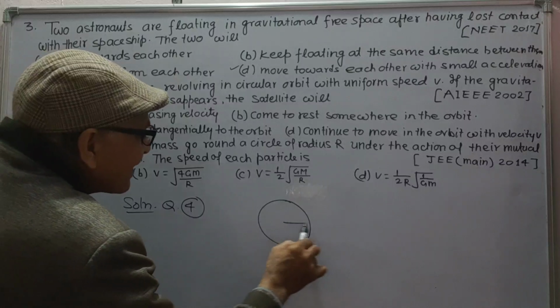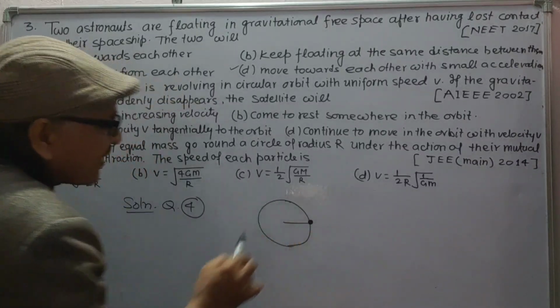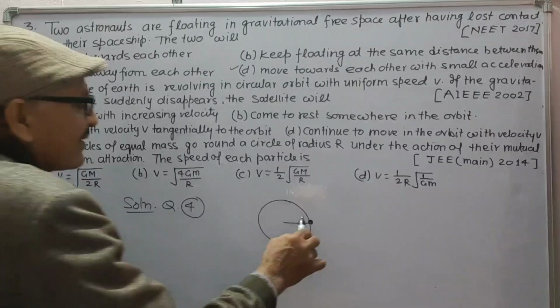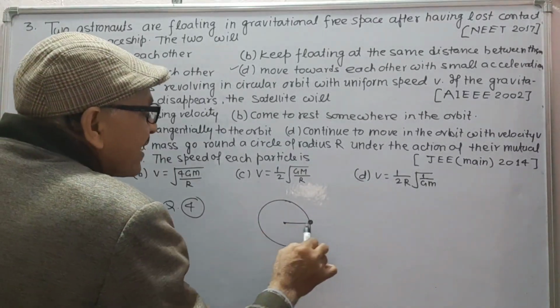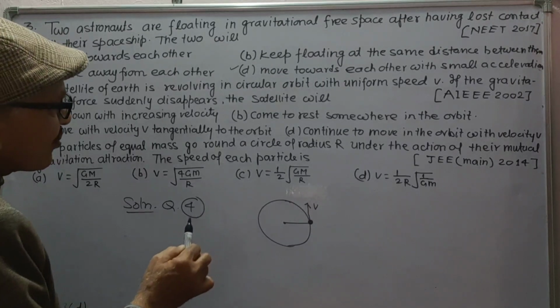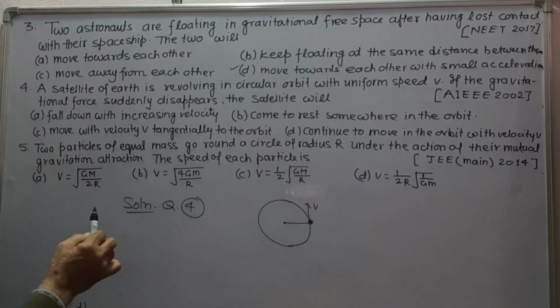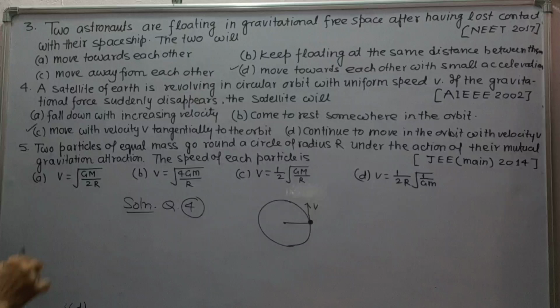Suppose this is a satellite moving in circular orbit around Earth. When the gravitational force disappears, then the satellite will be moving towards the tangent with same velocity. So, the correct option will be C. Move with velocity v tangentially to the orbit.